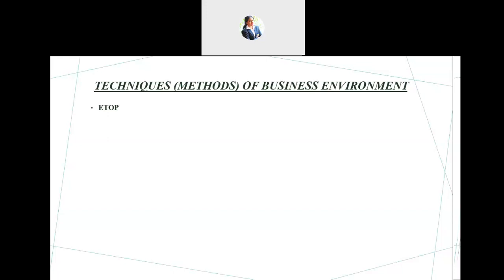Usually when it is prepared, in the first step under this particular analysis, the organization would list all the factors and the events that are occurring in its environment.